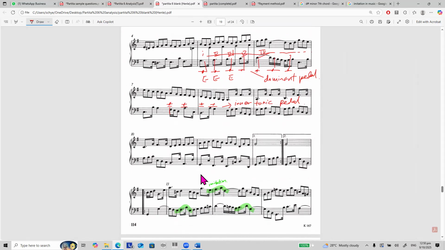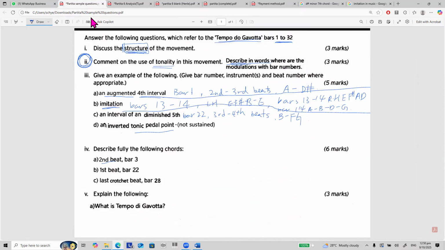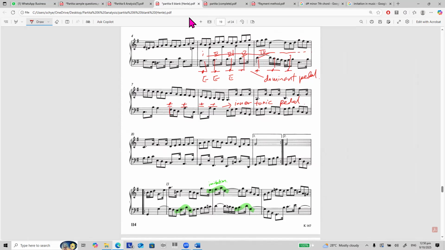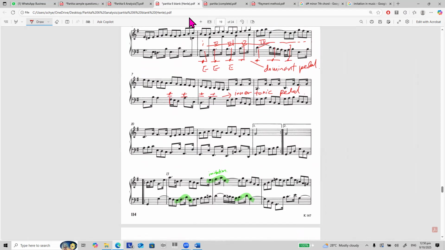Now, the question is asking for inverted tonic pedal point. Inverted means the E, the tonic note, keeps repeating at the top of the voice.